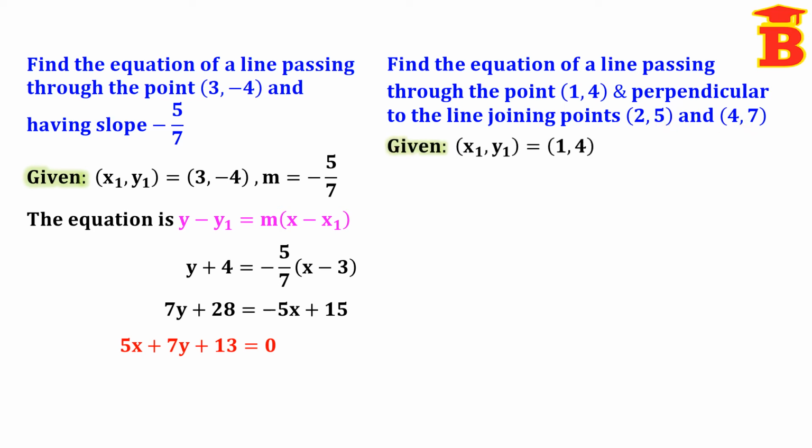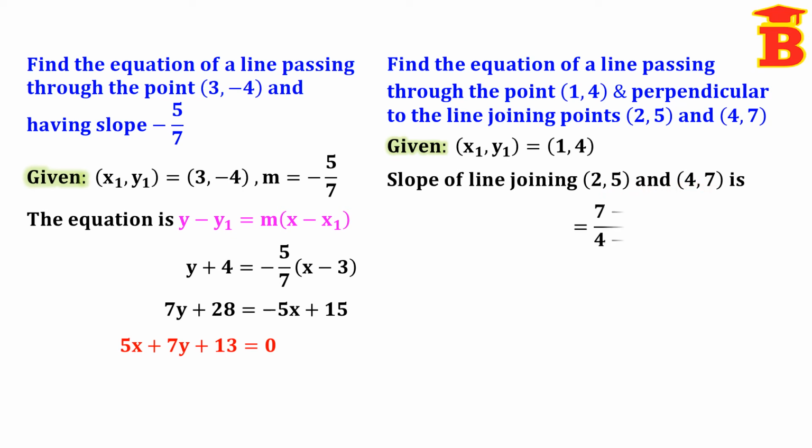So given the point (x1, y1) = (1, 4). Slope of the line joining (2, 5) and (4, 7) is the y difference divided by the x difference, that is (7 - 5)/(4 - 2), which is 2/2, that is equal to 1.